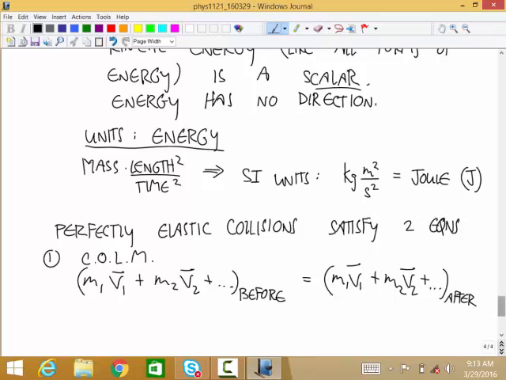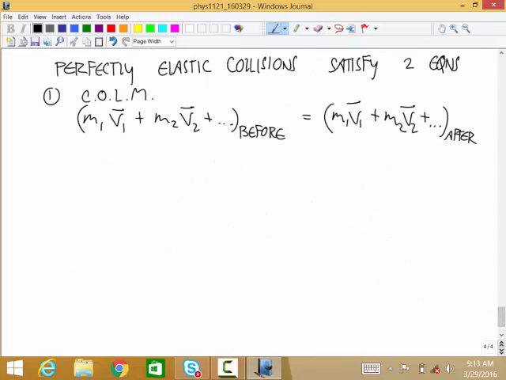But then what perfectly elastic collisions have that inelastic collisions don't is that if you add up the kinetic energies of the objects before and after, they have to be the same. So kinetic energy is conserved.